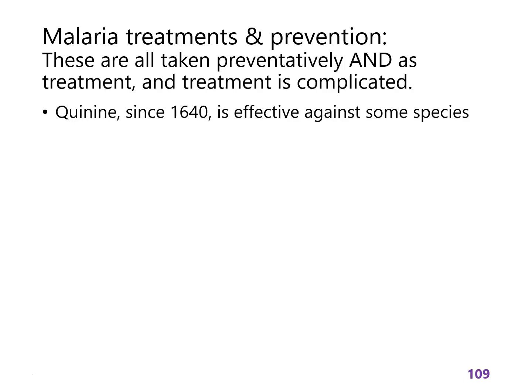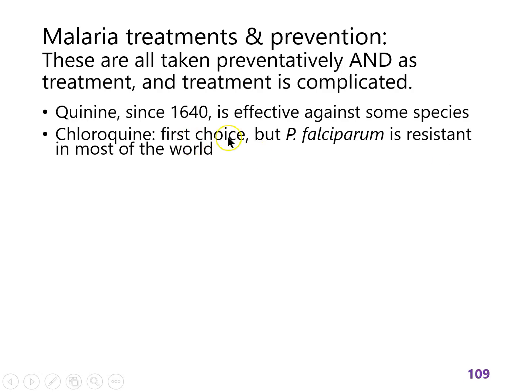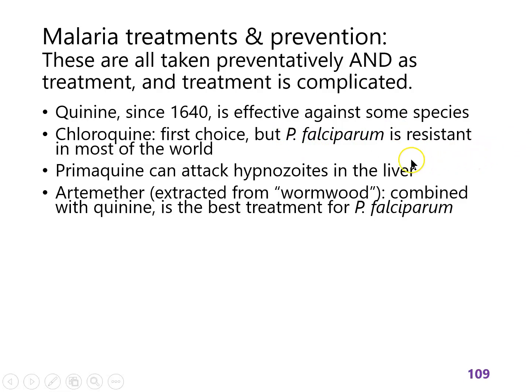And in fact, it's still used during severe cases of malaria all over the world. Chloroquine is a more modern analog of quinine, but it doesn't seem to have much of an effect against Plasmodium falciparum.